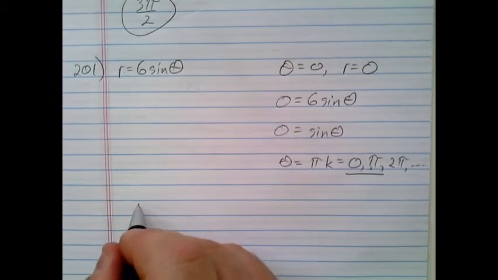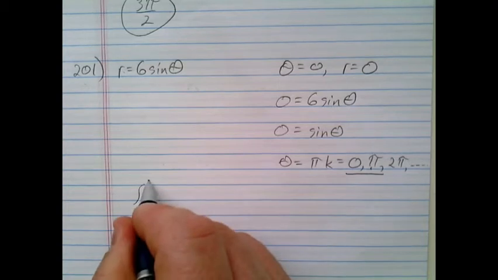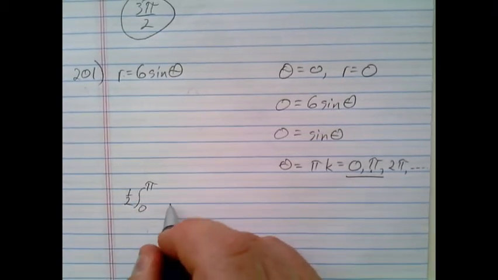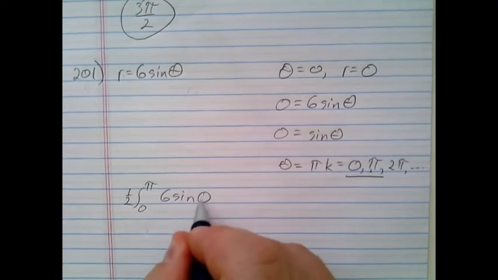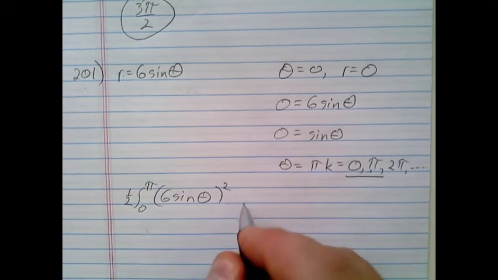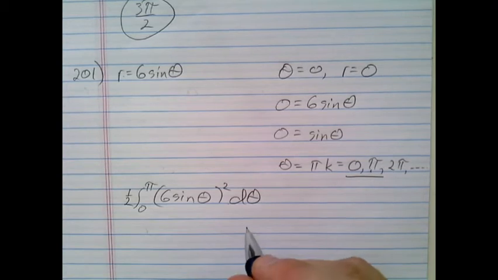So let's set it up. According to our theorem, I should integrate from 0 to pi, put the 1/2 out here, and I should take whatever my function of theta that's equal to r is, and I should square that. Oh, and there's my setup.